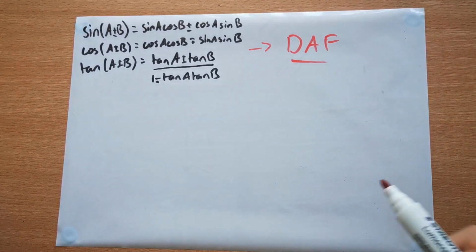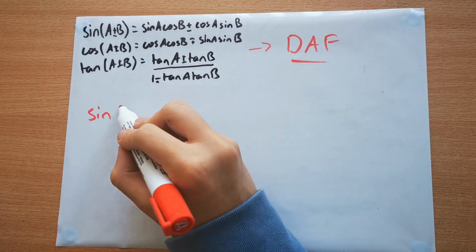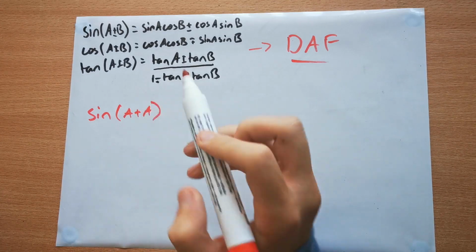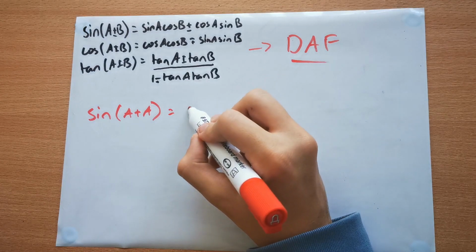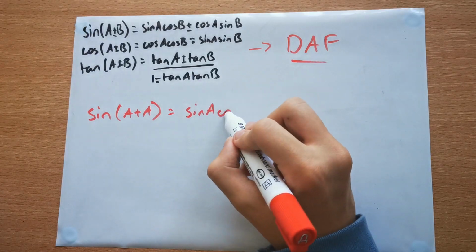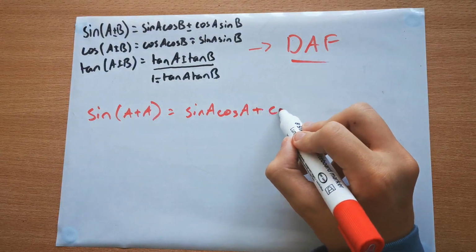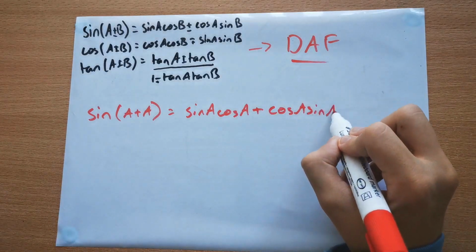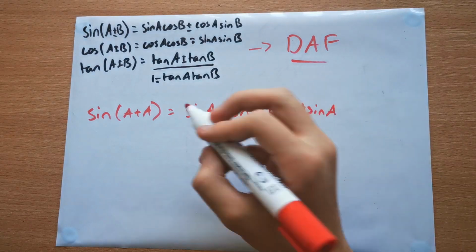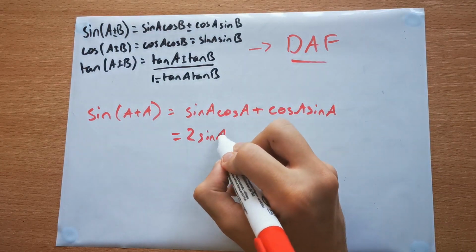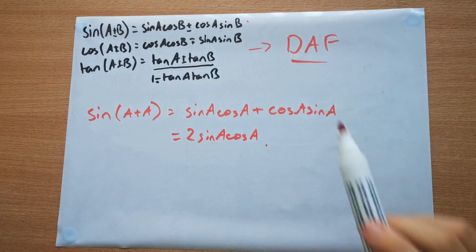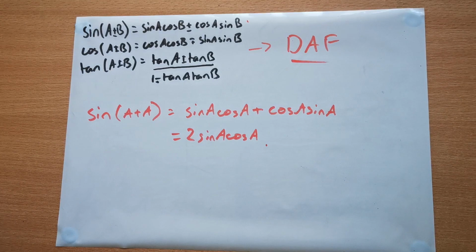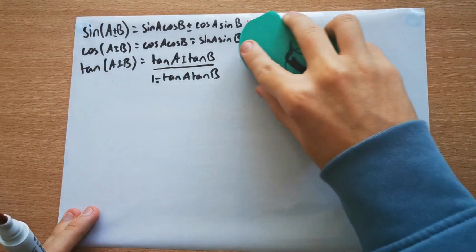To make a double angle, it's going to be sin(A + A), and then you write it out as normal: sin A cos A plus cos A sin A. And if you notice, that's the same thing, 2 sin A cos A. Now this formula is not given in the formula book, so you can work it out if you need to, but it's also pretty simple to remember. 2 sin A cos A, so we will write that in over here.